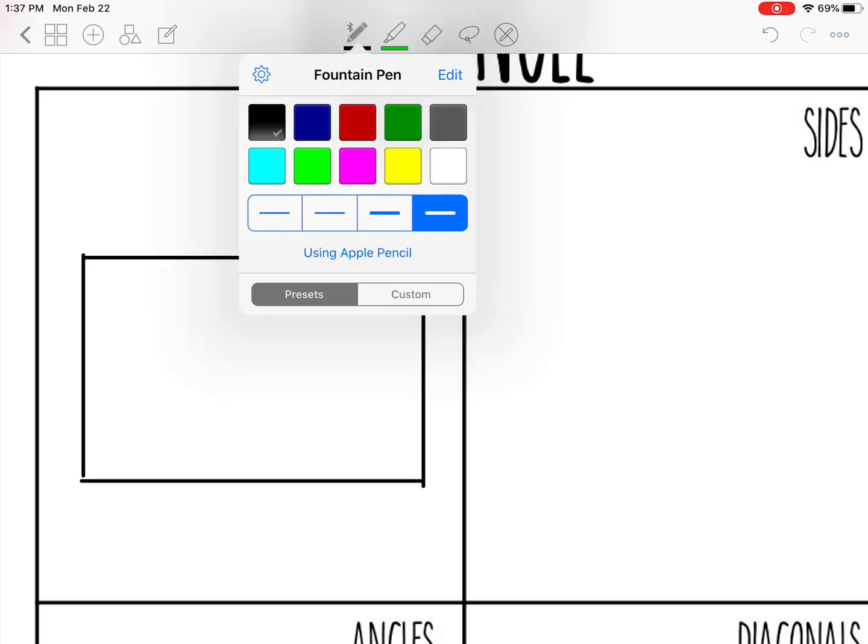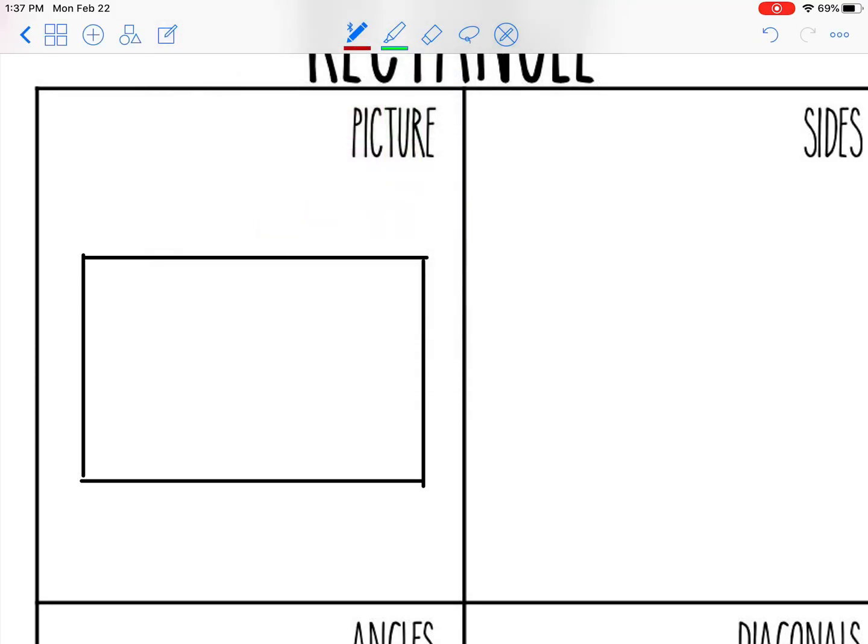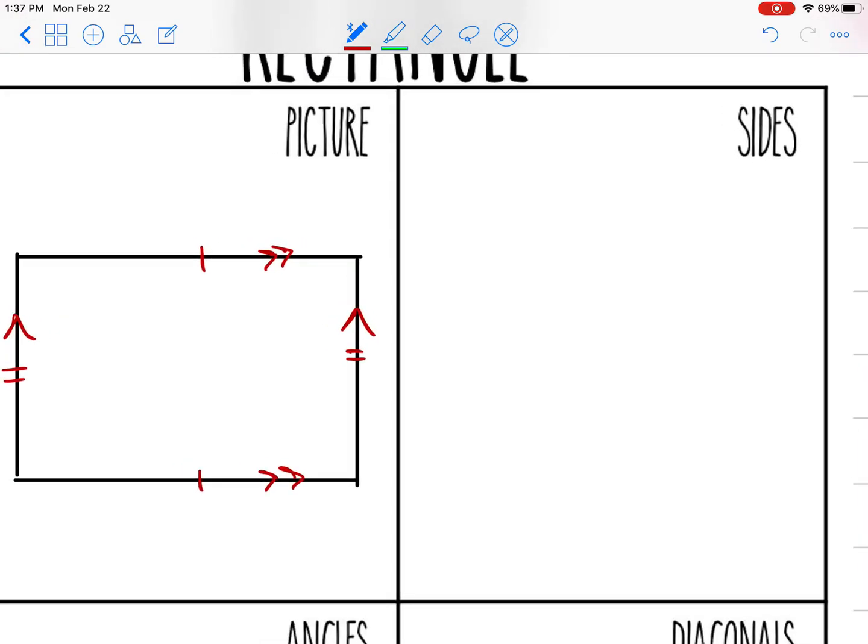because the parallelogram passed down its characteristics to the rectangle. So we said that for side lengths, opposite sides are parallel. So let's go ahead and add that there. And opposite sides are congruent. Okay, so let's write that down.